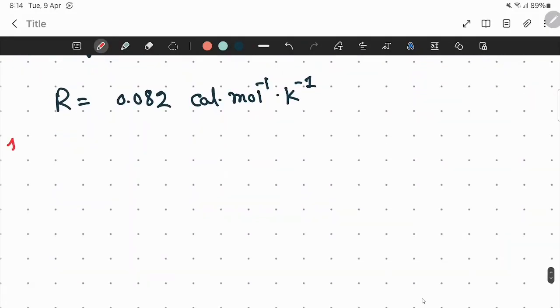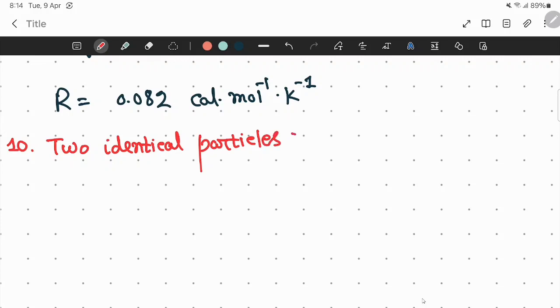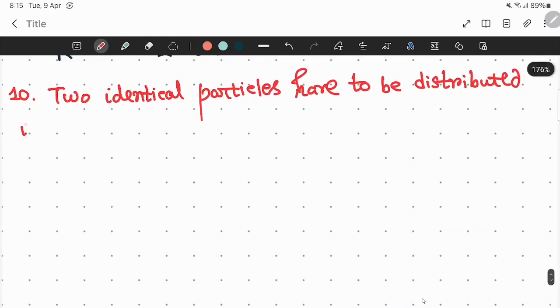Now, going to this, which is important. Let's consider two identical particles that have to be distributed in three energy levels.